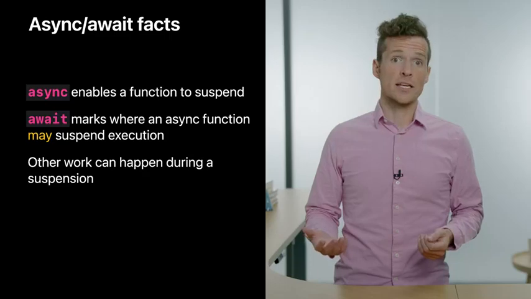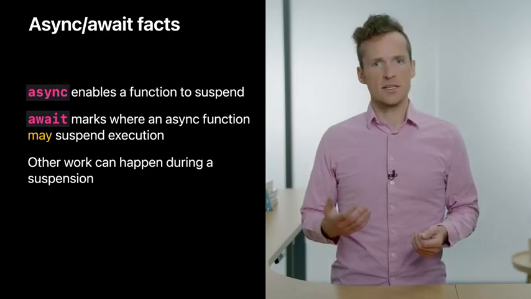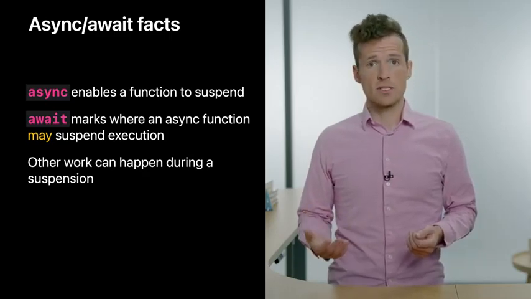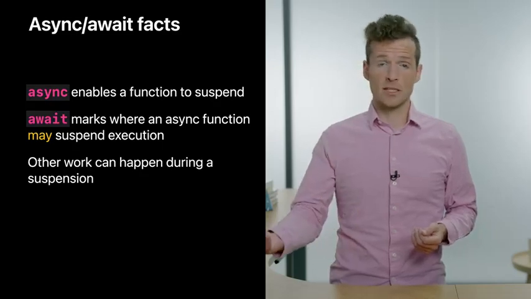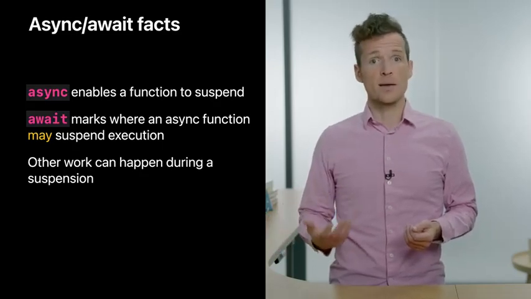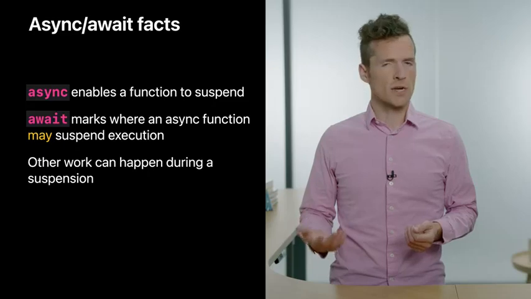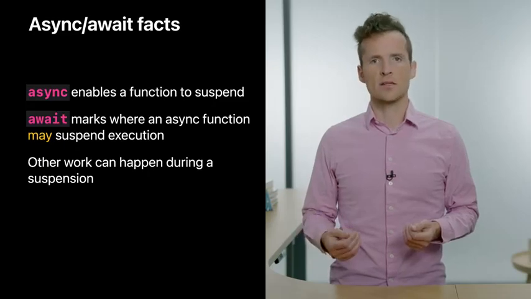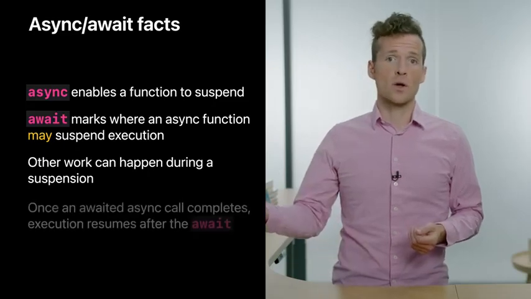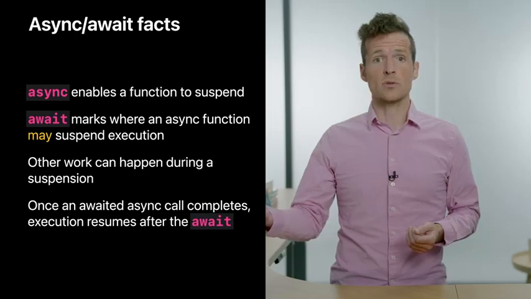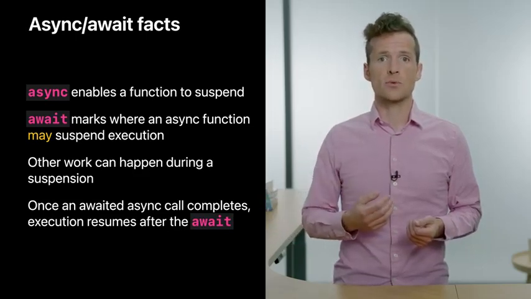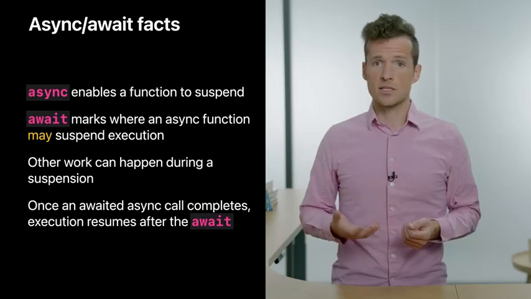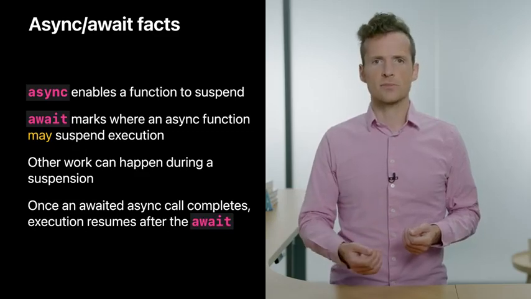Third, while an async function is suspended, the thread is not blocked, so the system is free to schedule other work. Even work that gets kicked off later can be executed first. That means your app state can change a great deal while the function is suspended. Finally, when an async function resumes, the results returned from the async function it called flow back into the original function, and execution continues right where it left off.